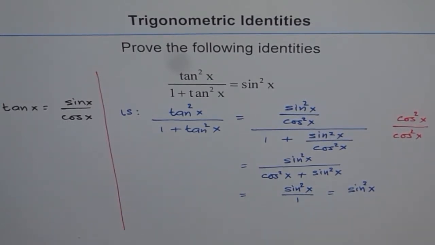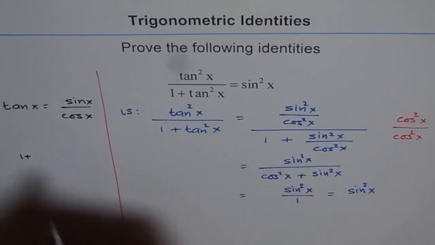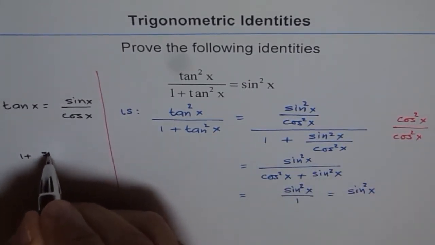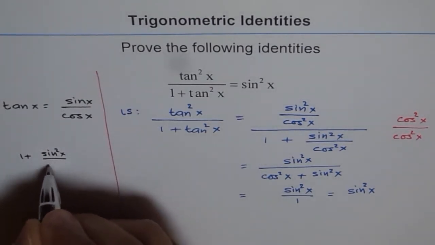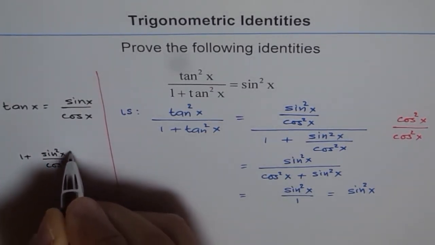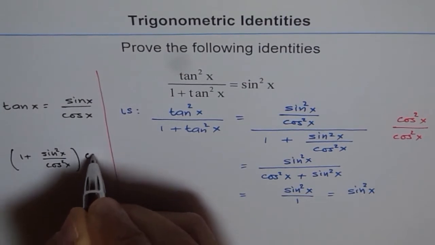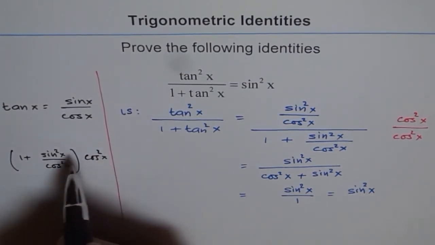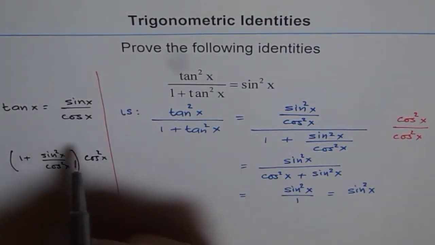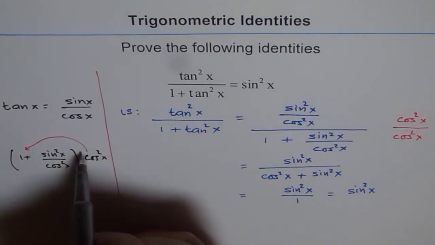Is that okay? So what we did here was, it was 1 plus sine squared x over cos squared x, right? So we multiplied both by cos squared x. When you open the bracket, you multiply cos squared x with this and also with this.